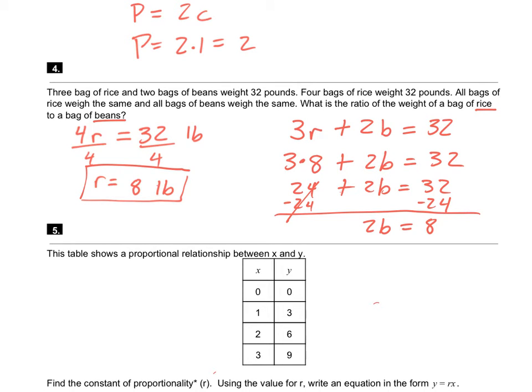So each bag of beans is actually 4. So our ratio is going to be 8 to 4, which is also equivalent to 2 to 1. Okay, so those are our ratios. Later on, I'll be posting a video of another approach to this same problem.